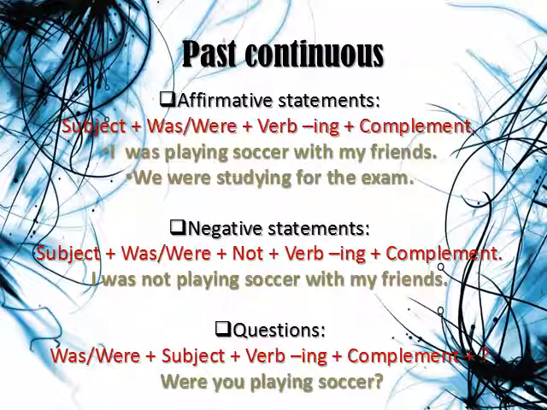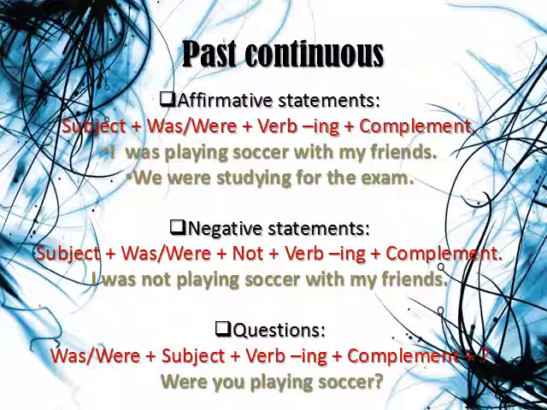On to the form of the past continuous, and as you may know, we have three forms in English: the affirmative, negative, and the interrogative or questions. So here, when it comes to the affirmative form, was and were, verb to be in the past, plus verb plus ing. Was is for singular pronouns, and were is for plural pronouns.